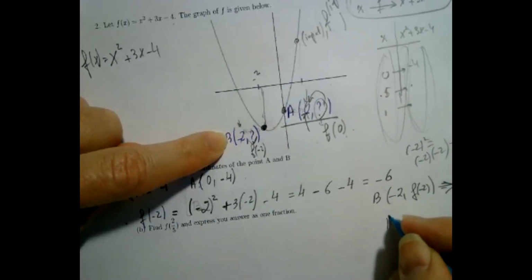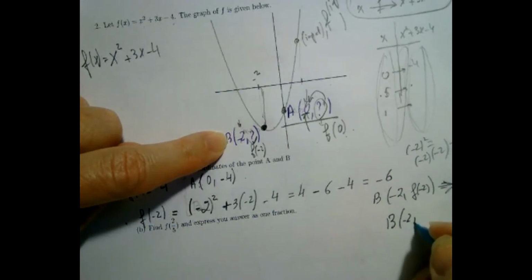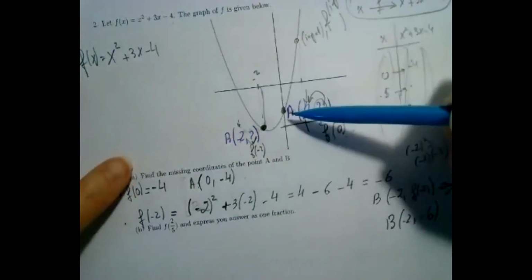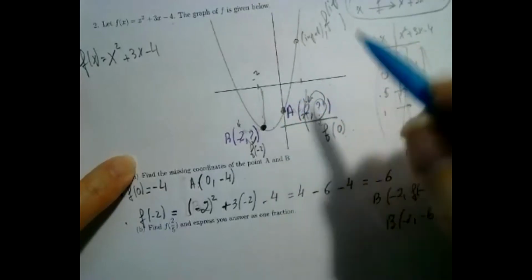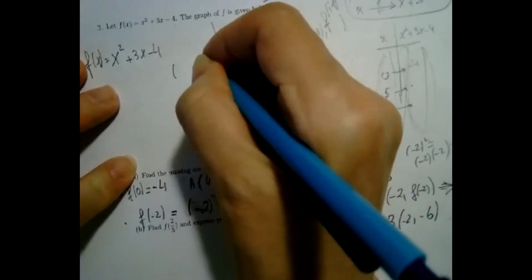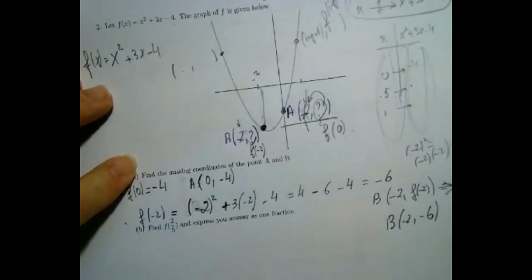So this means that the point B is (-2, -6). Okay, so what characterizes a point on the graph? Every point on the graph is whatever the first component is, the second is the output for this component.